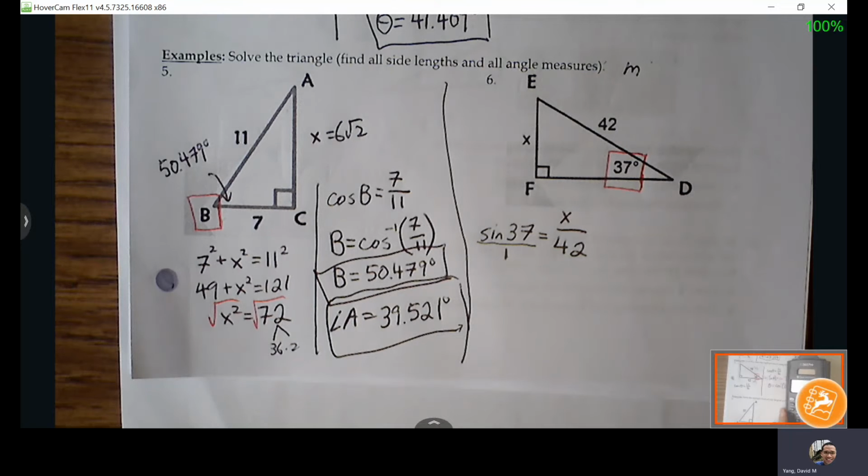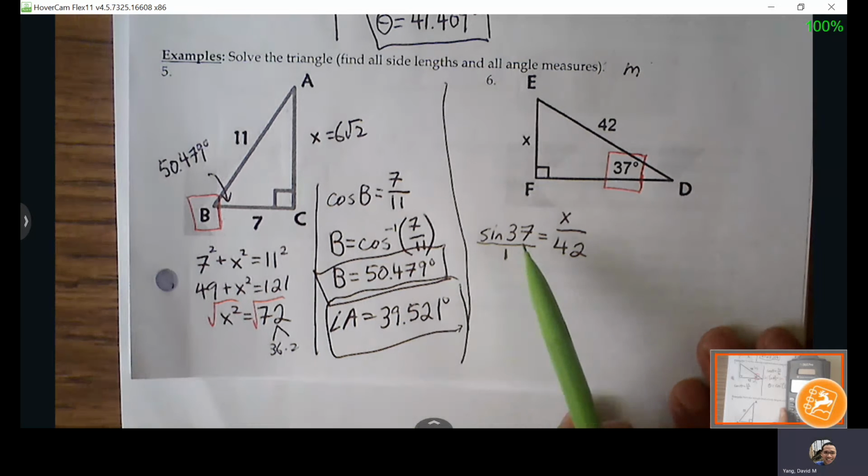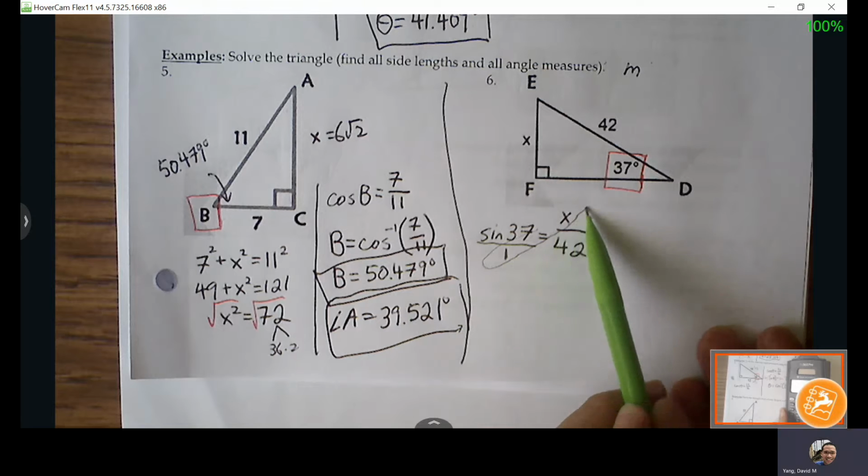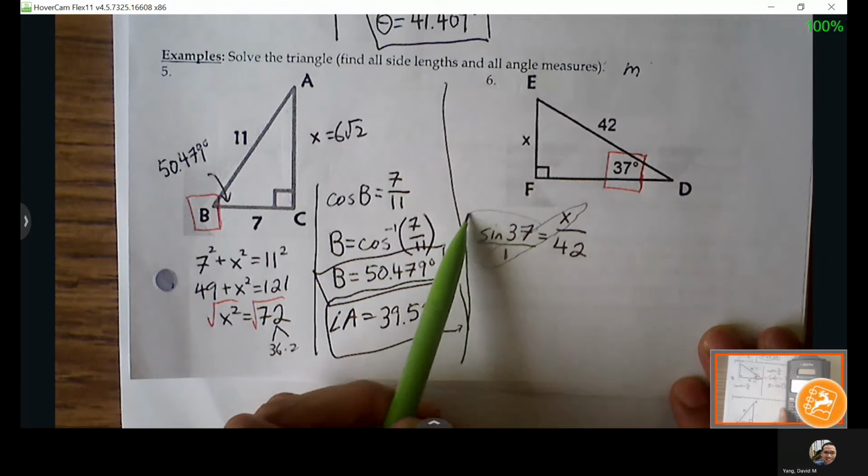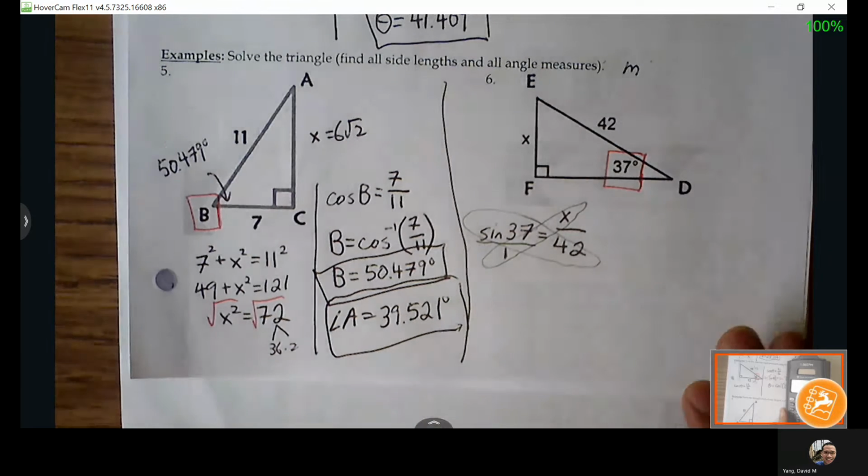Okay, we can do cross product. So I can say x equals, make sure you don't do 42 times 37, it's 42 times sine of 37.